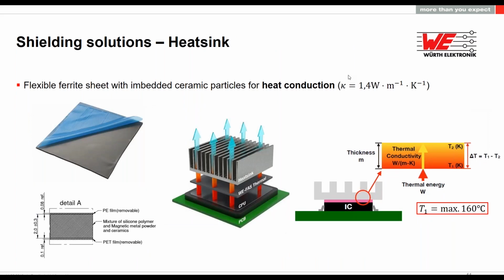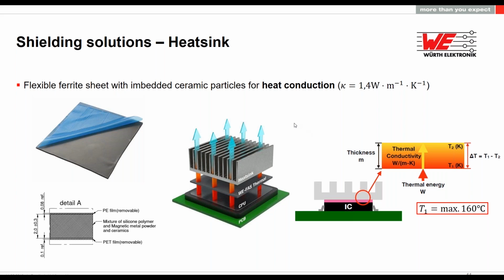This is a new material that is a mix between a thermal interface material and one of the materials before. It is able to conduct the heat through it as a thermal gap filler, for example, and at the same time it has electromagnetic properties, so it is able to avoid radiation.